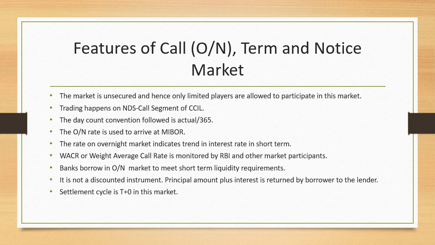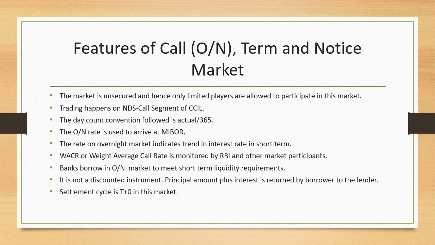The rate on the overnight market indicates the trend in interest rates in the short term. So this is a very important market, not just from the perspective of borrowing and lending, but it also indicates how interest rates are going to trend. WACR, or weighted average call rate, is monitored by RBI and other market participants. As I said, it's a trend indicator, so WACR is a very important component to look at where rates are moving.